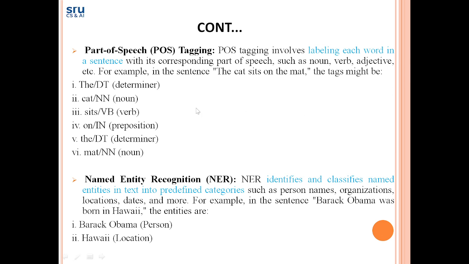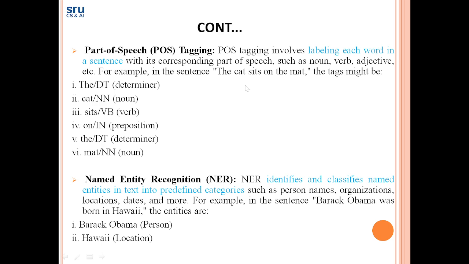Then the second one, part of speech tagging. It is also called POS tagging. It involves labeling each word in a sentence with the corresponding part of speech such as noun, verb, adjective.